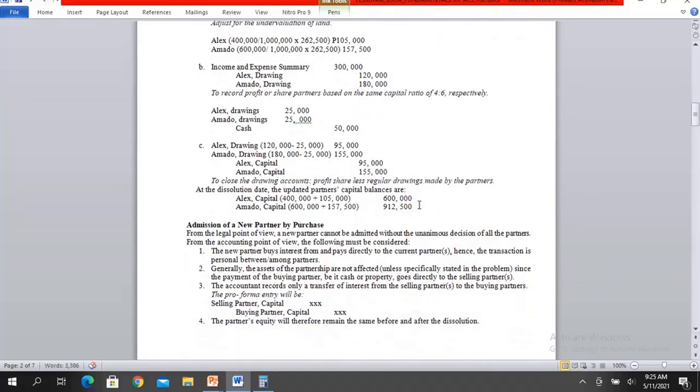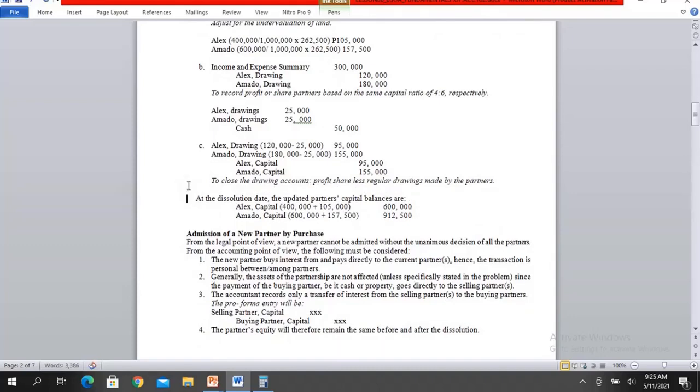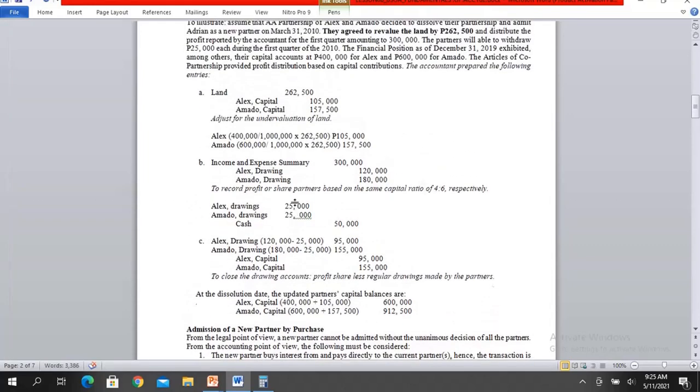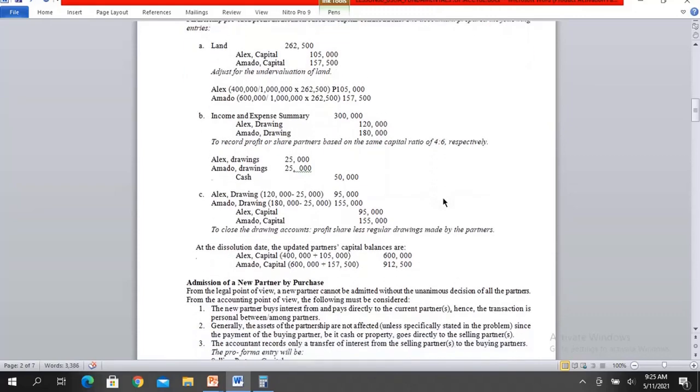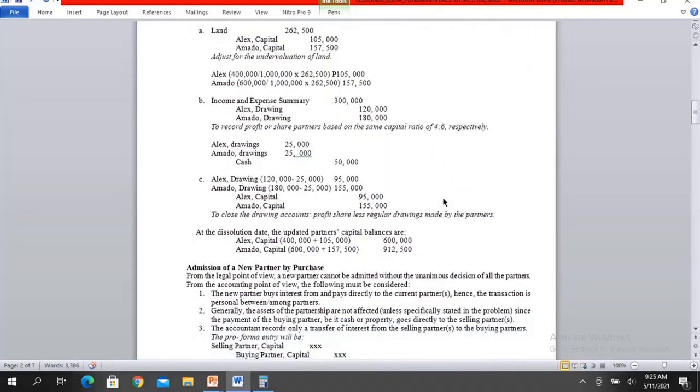So, at the dissolution date, the partners' capital balances are, si Alex, di ba kanina mayroon siyang 400,000 na capital account. So, i-add natin yung 105,000 which is yung hati niya sa revaluation ng asset.